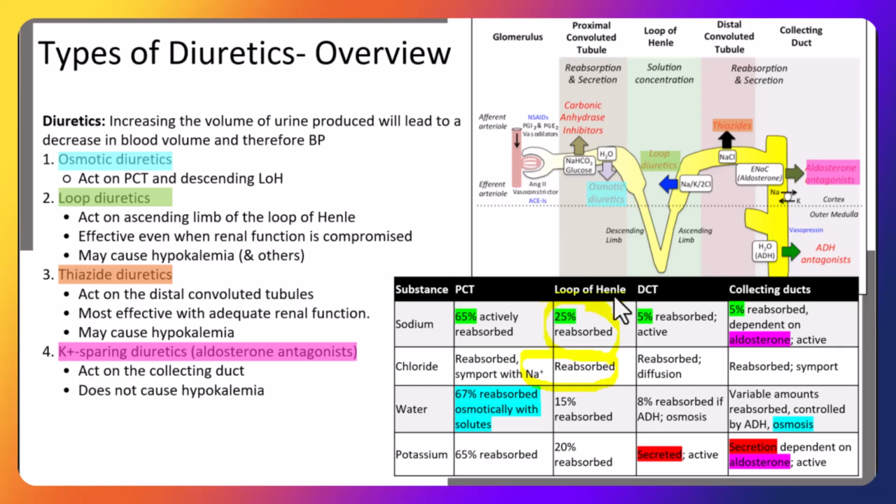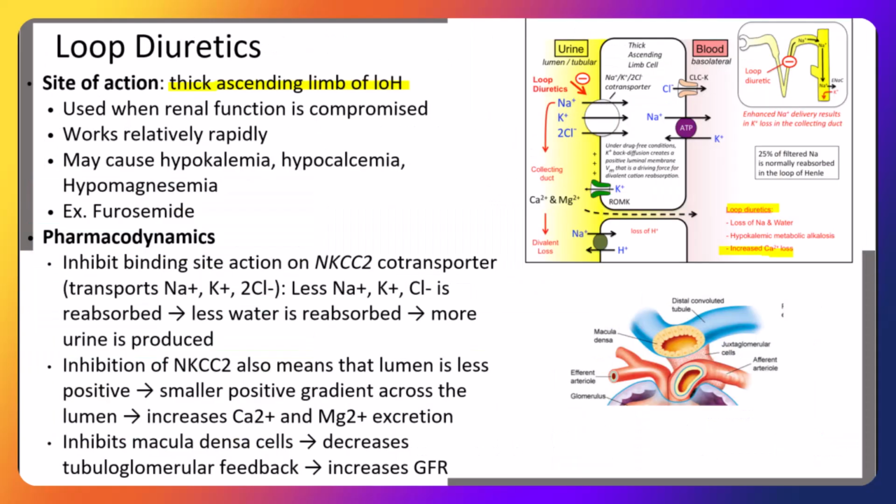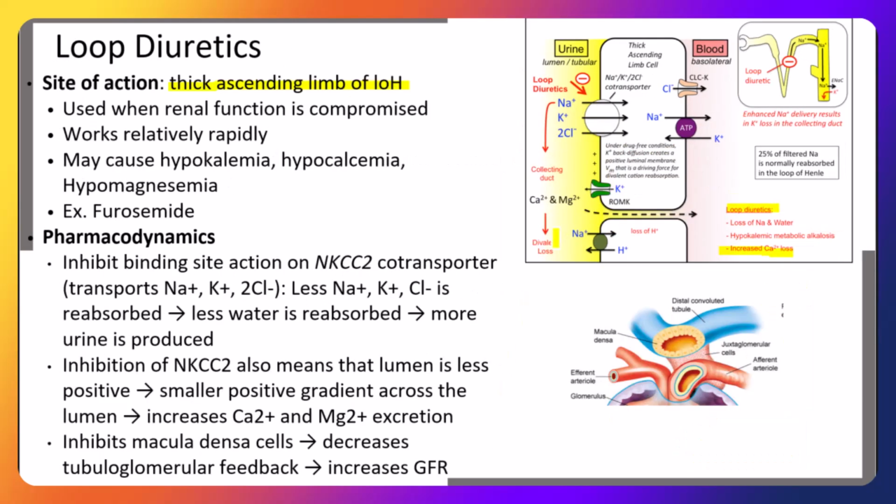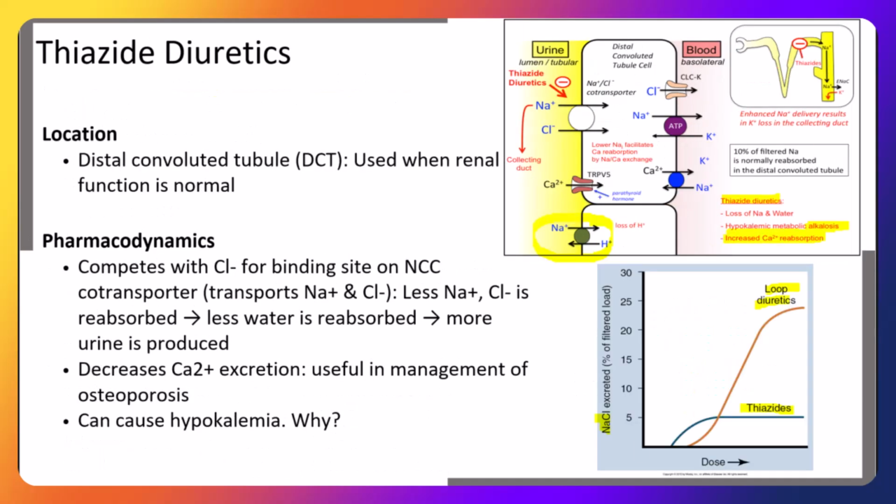Because there's a decent chunk of this, about a quarter compared to the distal convoluted tubule and the collecting duct, it should make sense that based on where these drugs act, loop diuretics acting on that ascending limb of the loop of Henle versus thiazides acting on that distal convoluted tubule, that is the main reason for the difference in how much sodium chloride is going to be excreted.